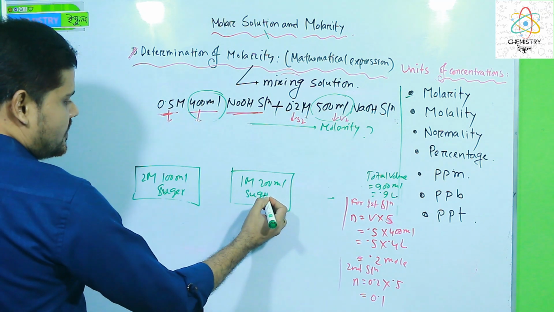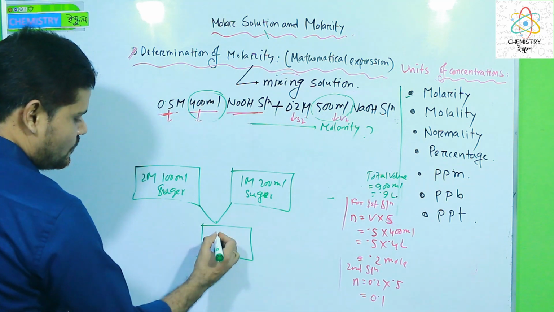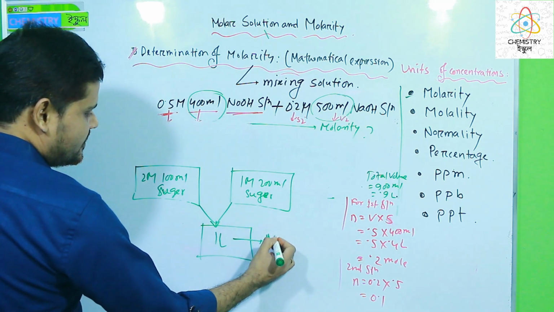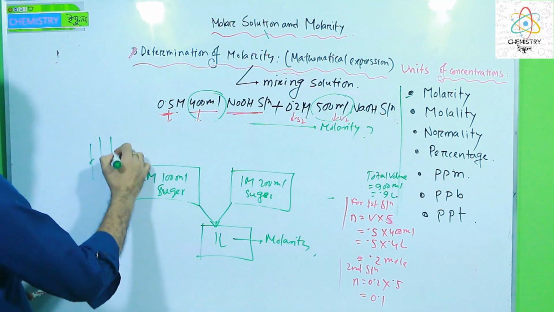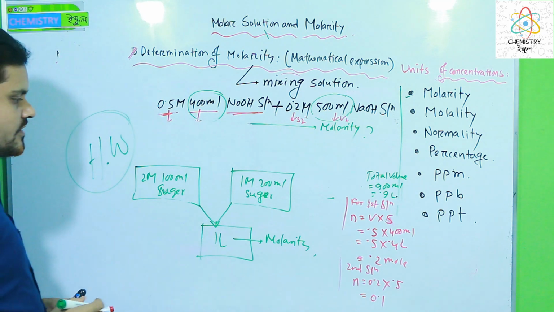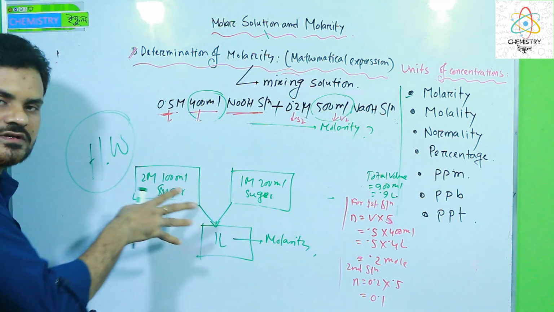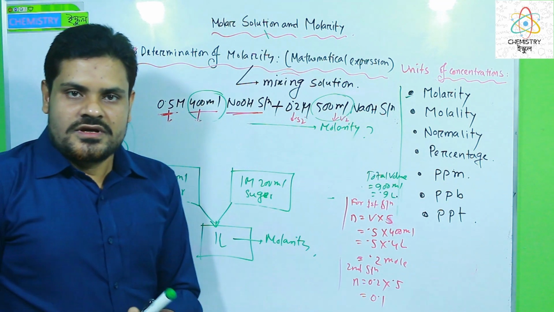If we add these two solutions in a 1 liter container, what will be the molarity of this solution? Dear learners, just try to solve this problem yourself at home. What will be the molarity of this solution? And write in the comment box.